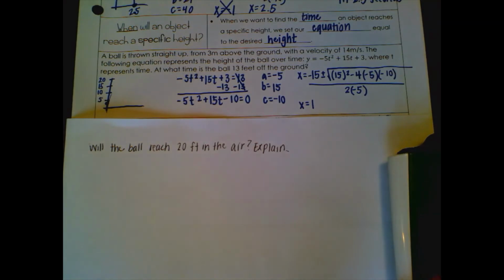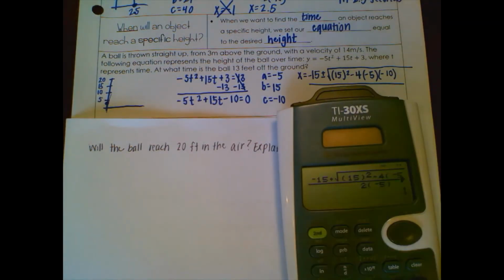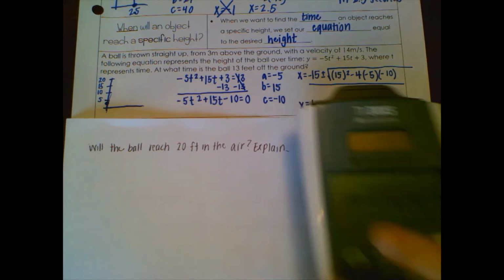So that's one of my solutions. So now I need to find the other solution. So I'm going to scroll up, highlight, enter it down. I'm going to scroll back and change the sign. Now, if you don't have this calculator, you might just have to retype in the whole thing and change that plus to subtraction, and we get x equals 2.